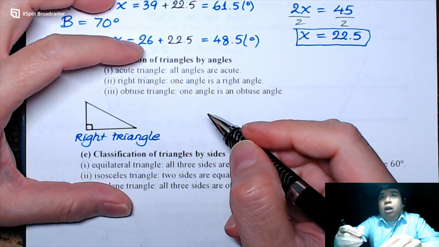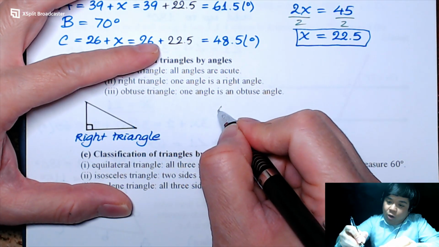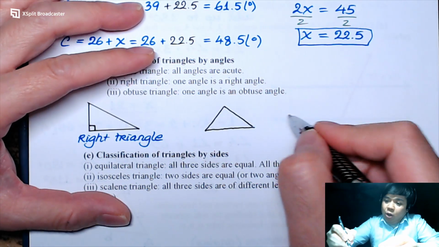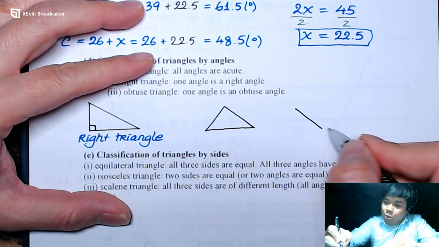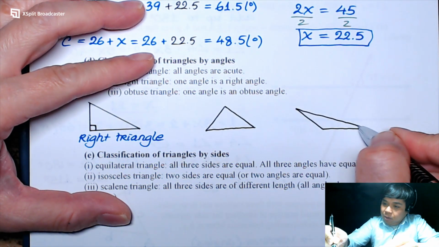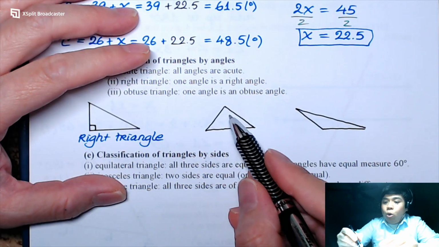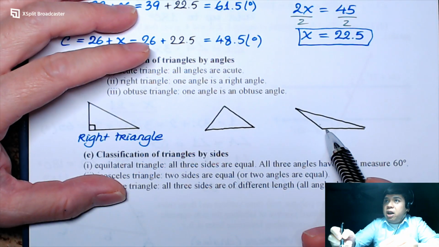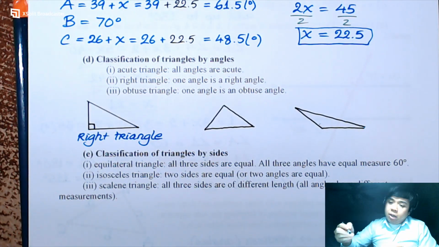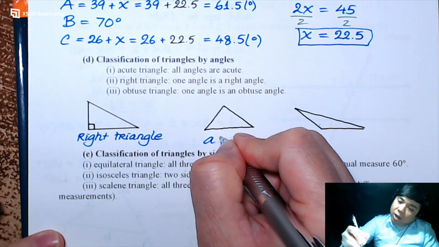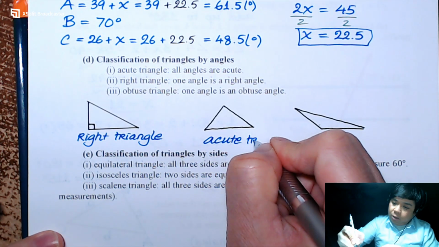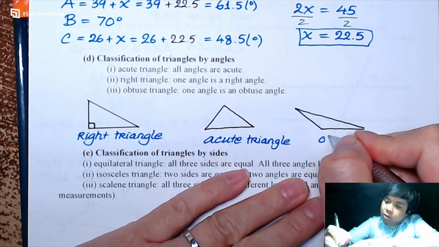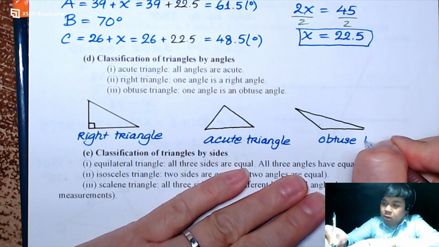Okay, and now if we have triangles that do not have a right angle, it will be just like this, nothing special. Or we have an obtuse angle. So this is the acute triangle. All angles are acute, and this is an obtuse triangle because one angle is bigger than 90 degrees, so that's obtuse.